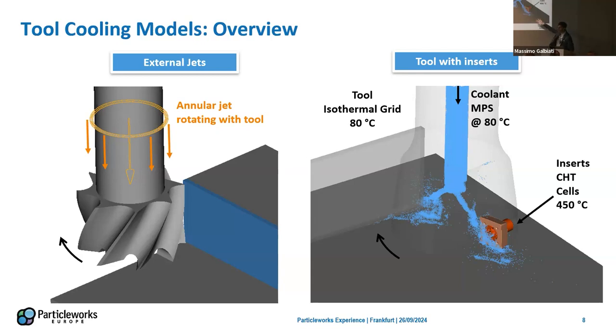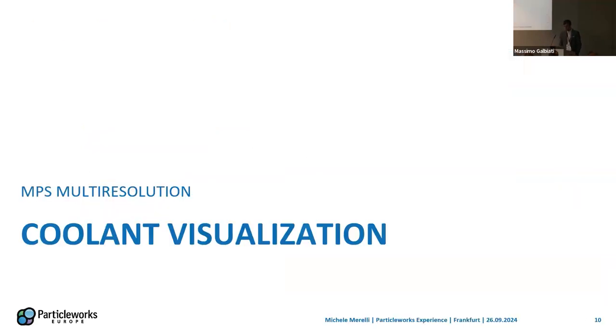In another case, we see a tool that rotates and also translates towards the metal side, with an injection of coolant from the inside of the tool itself. In the example I will show, we have some CHT cells in the insert area. Those are the boundary conditions, just a quick introduction.